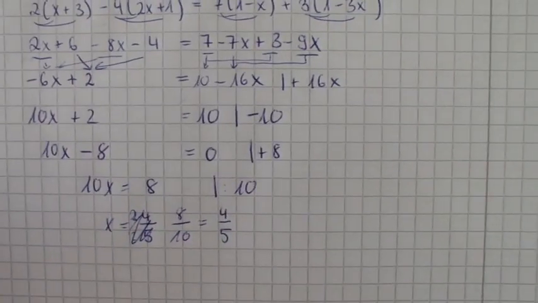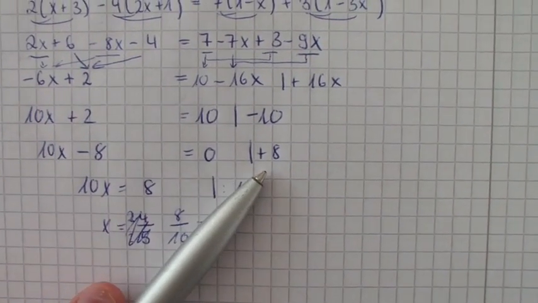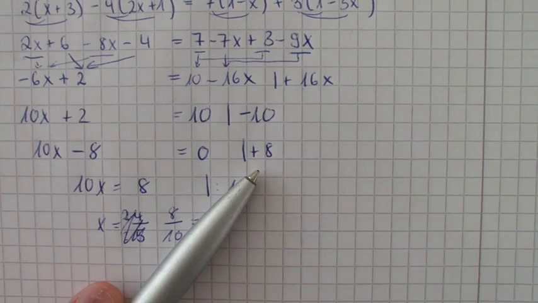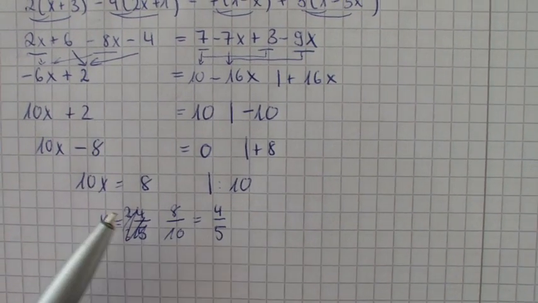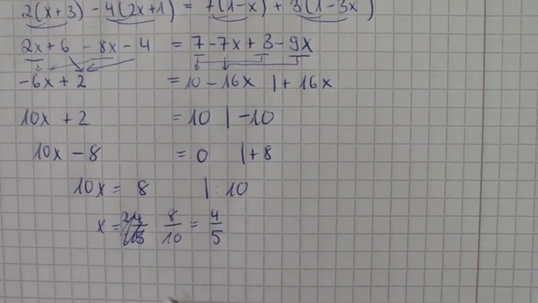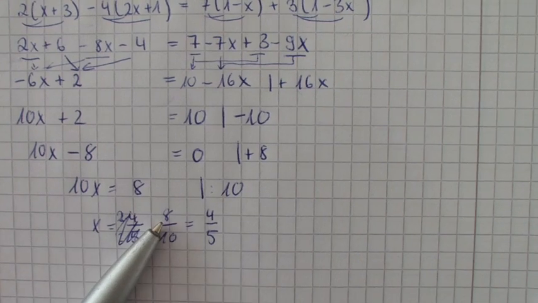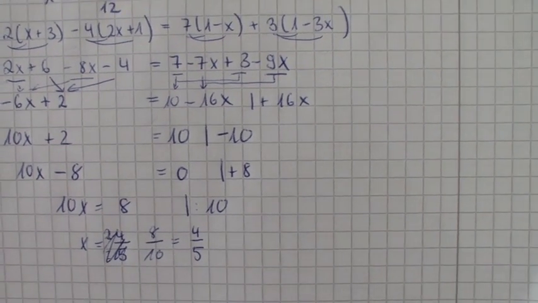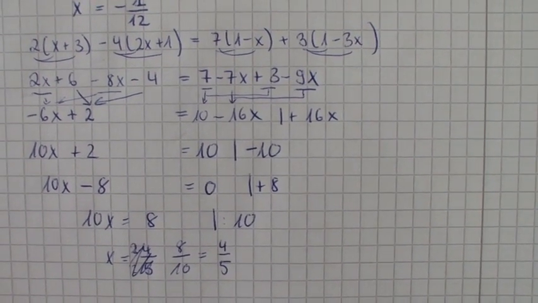So the last step, 2 steps better said, is to bring plus 8 to the right-hand side, so you have 10x equals 8, and x is equal to 8 divided by 10, because we have to divide this by 10.